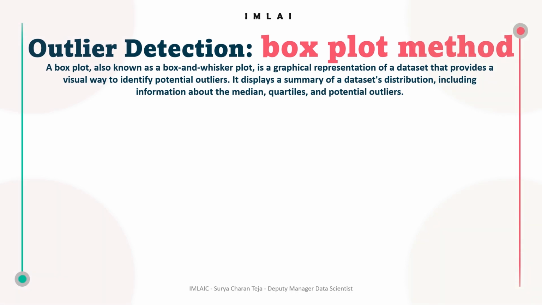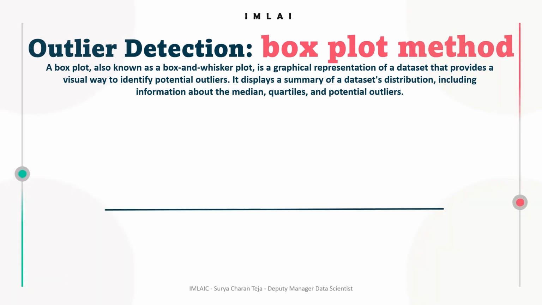Let's have a look at how a box plot looks and how a box plot works. So let's take some data points and plot them on a scale from minimum to maximum in ascending order. So this is my minimum value of a data point.